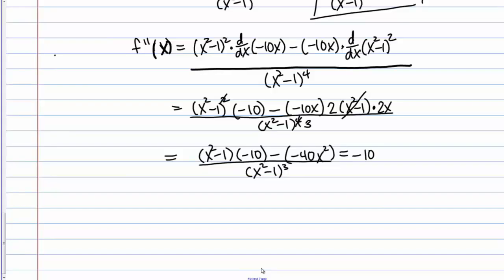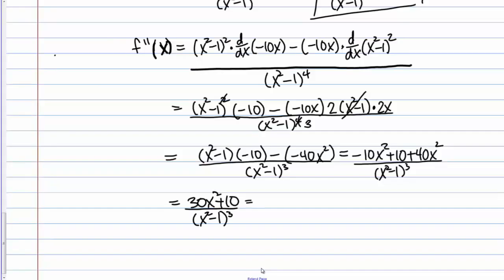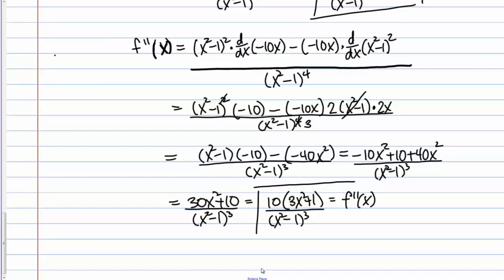So that's negative 10x squared plus 10 plus 40x squared on top. So in the end, that gives me 30x squared plus 10 over x squared minus 1 quantity cubed. I could also write that as 10 times the quantity 3x squared plus 1 over x squared minus 1 quantity cubed. And remember, this was the second derivative. And we'll use this a lot also in the next few steps.